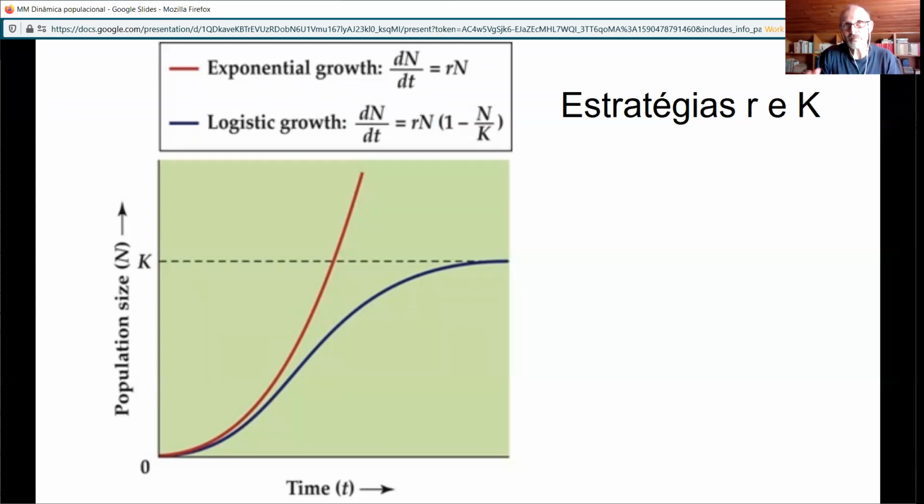If they have sexual reproduction, a pair has the capacity to produce more than two descendants during their life stage.